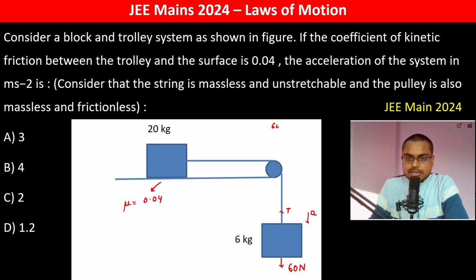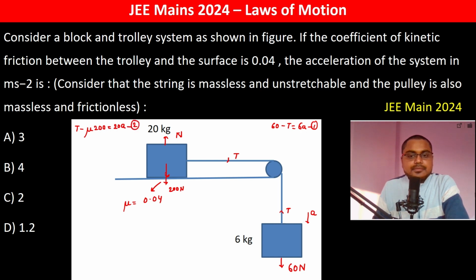60 minus T is equal to 6a, ये हो गया पहला, और ये है T। सो T minus mu into N। N क्या है, तो यहाँ पे देखिए ध्यान से, नीचे लग रहा था 200 न्यूटन mg, and this is N. So N is 200 newtons, so T minus mu into 200 should be equal to 20 into a.